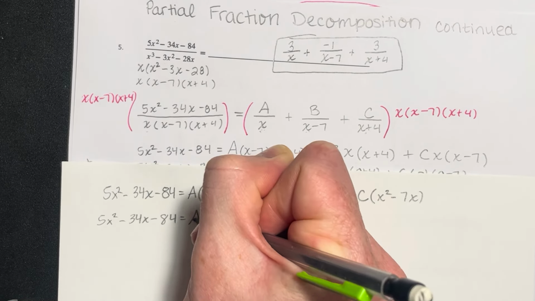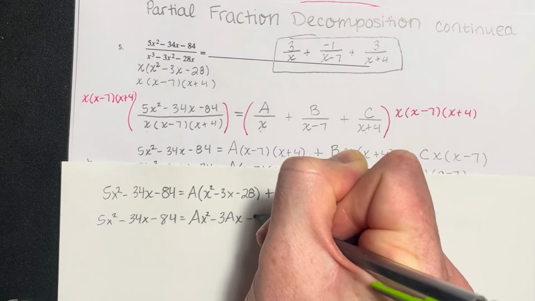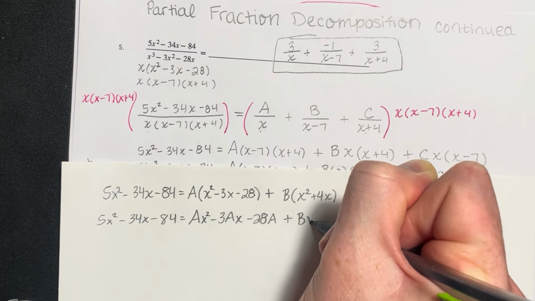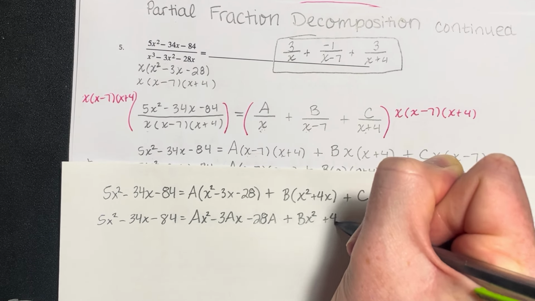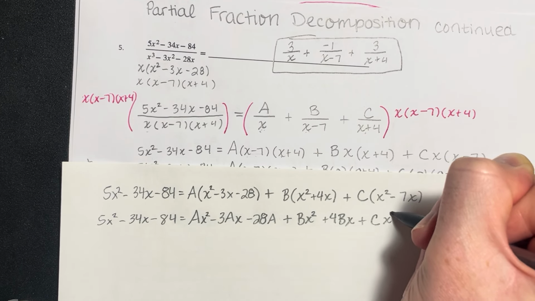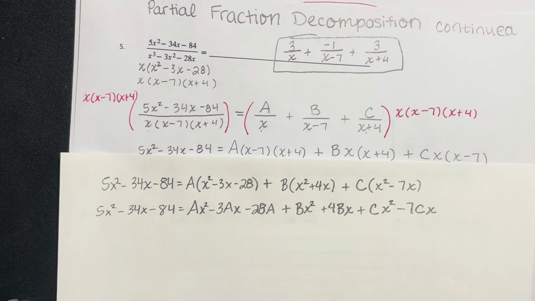That would give me ax squared minus 3ax minus 28a plus bx squared plus 4bx and plus cx squared minus 7cx. Again, what we're doing is combining all of the quadratic parts, the linear parts, and the constant parts.